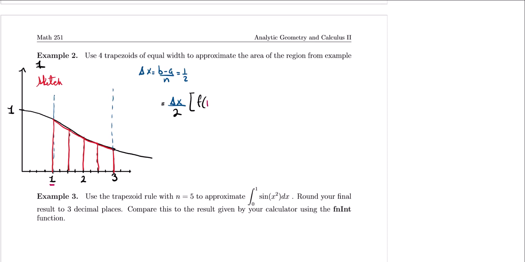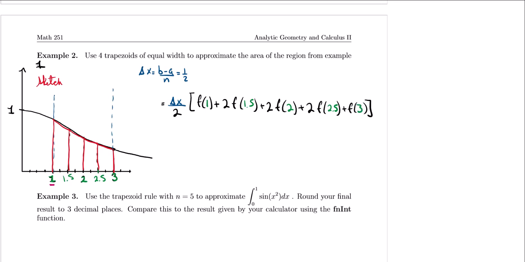So f of 1 plus 2 times f of 1.5. So 1, 1.5, 2, 2.5, and 3. All right, so plus 2 times f of 2 plus 2 times f of 2.5 plus f of 3.